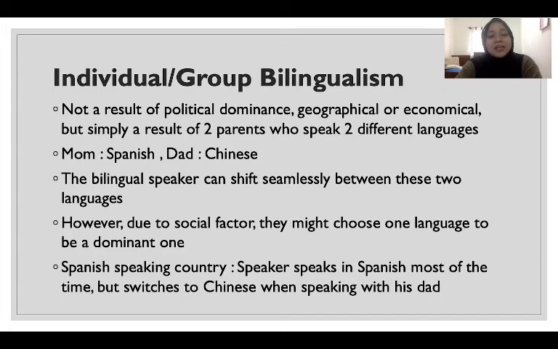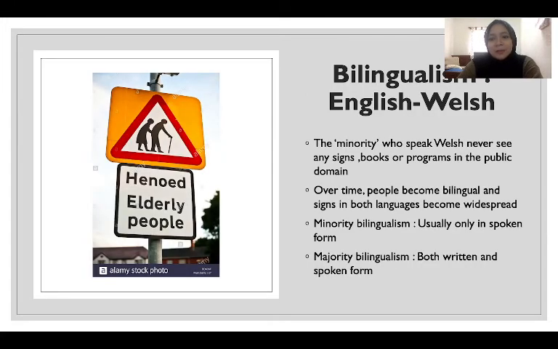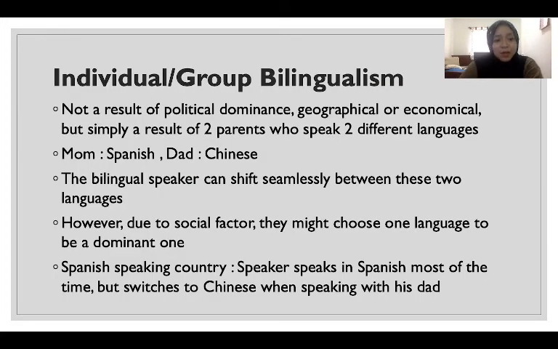Okay, so just now we talked about bilingualism, English and Welsh. Right now we want to focus on individual or group bilingualism. Individual or group bilingualism is not a result of political dominance or geographical or economical or different achievement in terms of education, but is simply a result of two parents who speak two different languages.